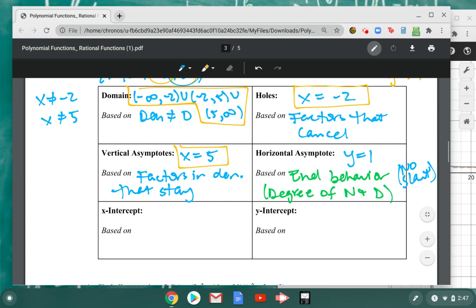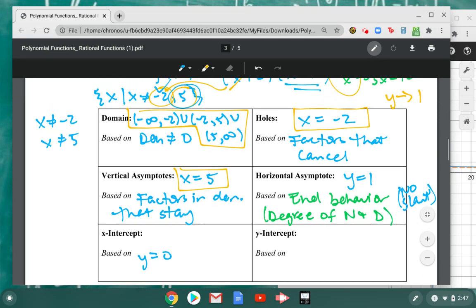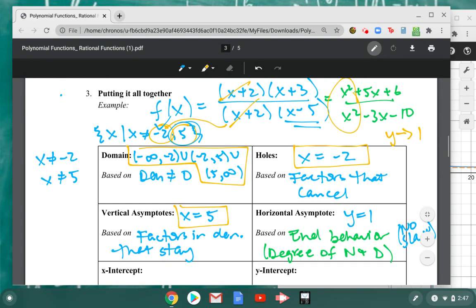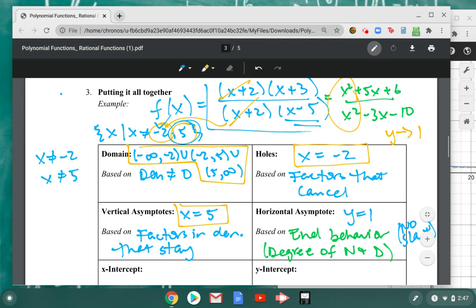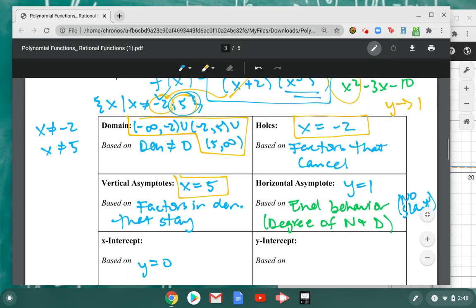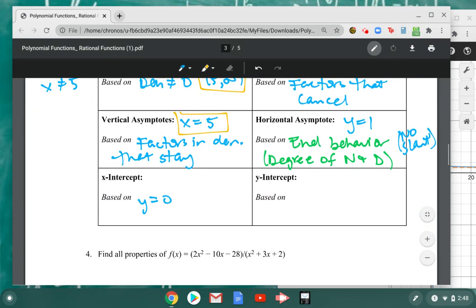Okay, so now for the intercepts. To get an x-intercept, I need y to equal 0. My function is this guy right here. I could set this entire fraction equal to 0, but I know the denominator is never going to equal 0. It would be undefined. So I'm really only going to get an intercept if the numerator is equal to 0. So I'm going to go ahead and take my function, and I'm going to simplify it as I go, though. So watch what I do. This is x plus 3.